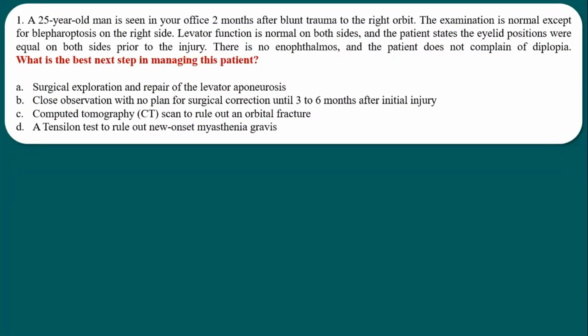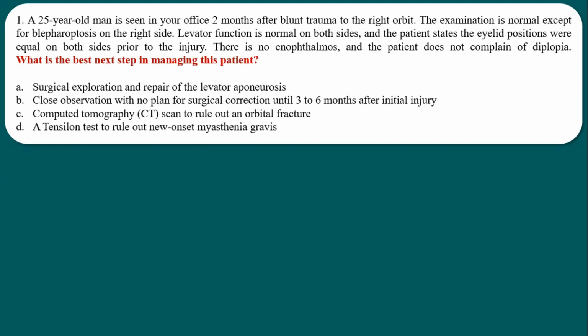A 25-year-old man is seen in your office 2 months after blunt trauma to the right orbit. The examination is normal except for blepharoptosis on the right side. Levator function is normal on both sides, and the patient states the eyelid positions were equal on both sides prior to the injury. There is no anophthalmos, and the patient does not complain of diplopia.